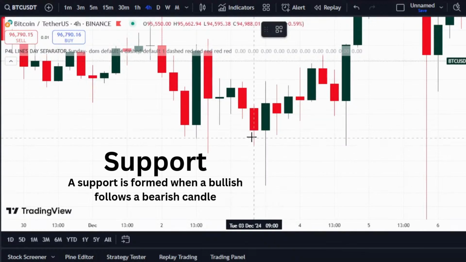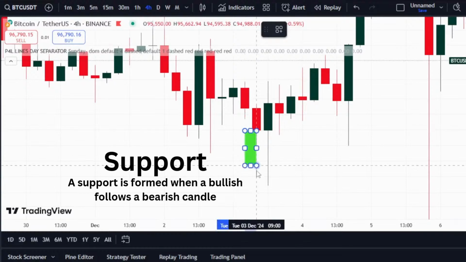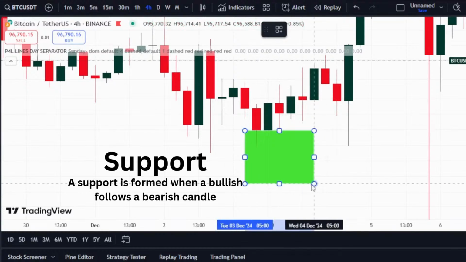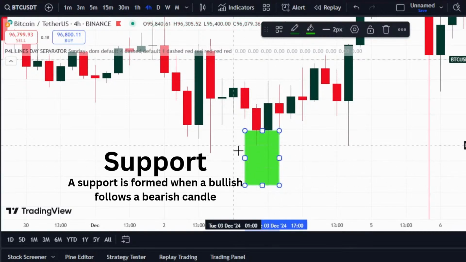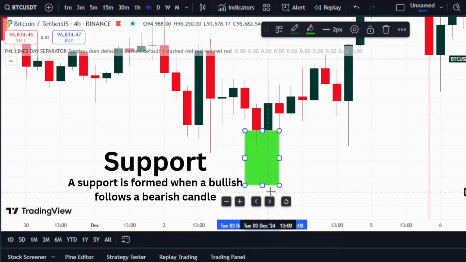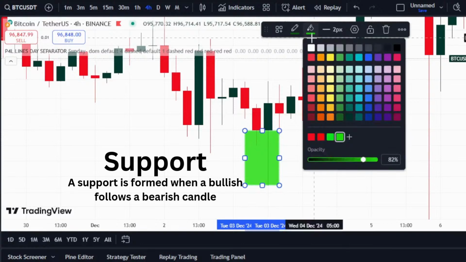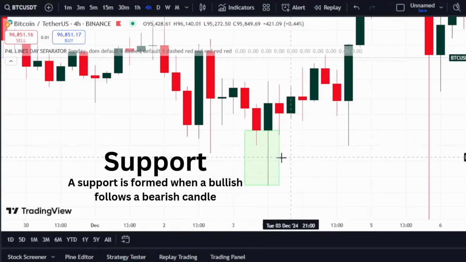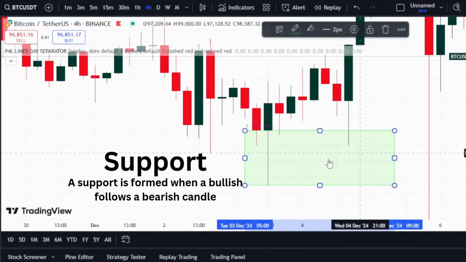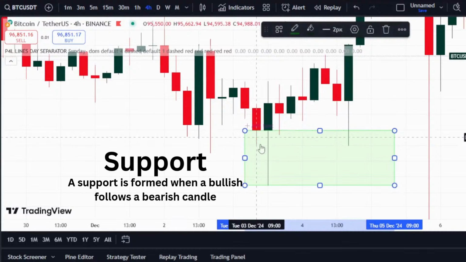So the whole of this place, the wick is inclusive. Very, very important. You have to take note of that. The wick of both of them is included. So if we move it down like this, all of this place is support.